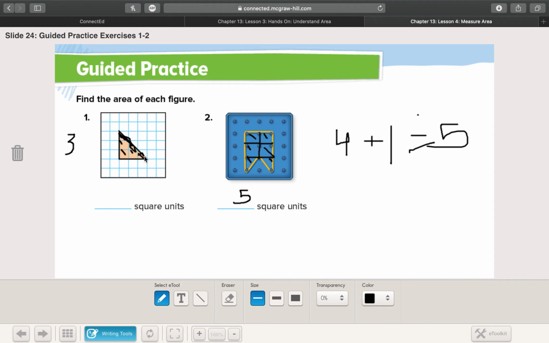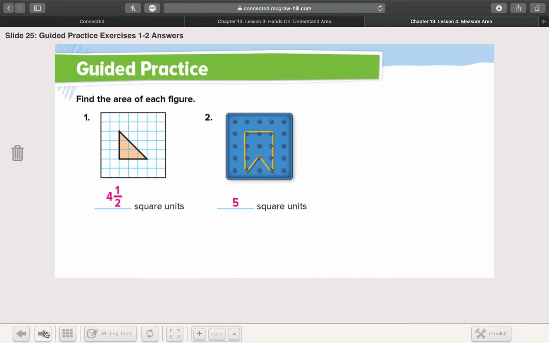And then there's still this extra half that you can't add to anything. So add the 1, we'll get 4, but we still have this half right here. So 4 and a half. 4 and a half square units, 5 square units. And those are correct.